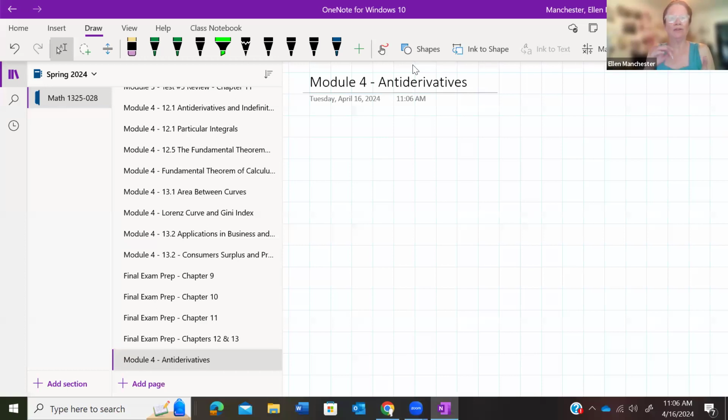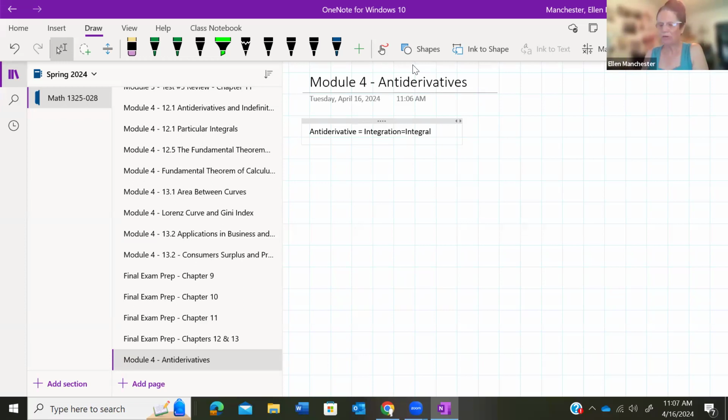Derivative was differentiate or differentiation, implicit differentiation. So all of those terms mean the same thing. It means finding the derivative, finding the slope of the line at a very specific point. Antiderivative has the same thing. Antiderivative, you can use integration, and you can use integral. All of those terms also mean the same thing.